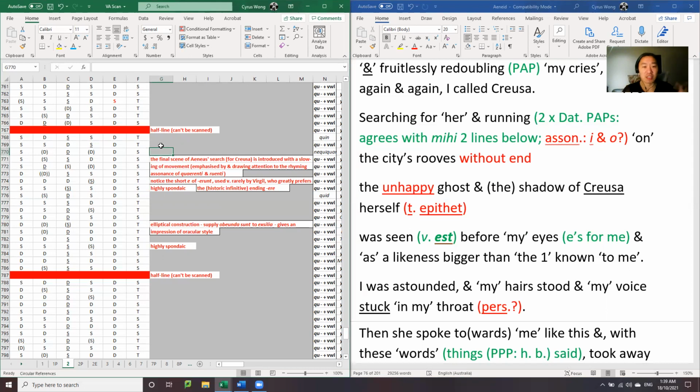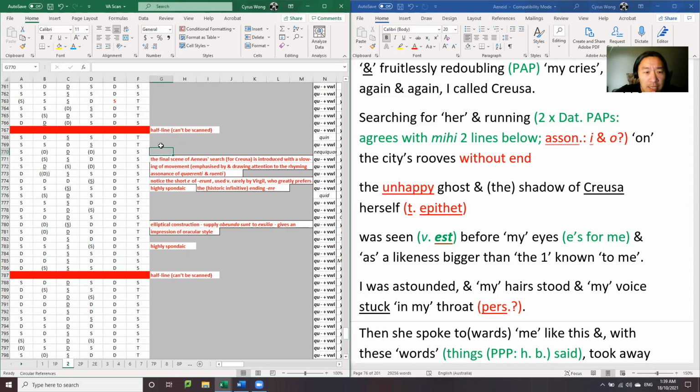Also, just the astonishment of seeing her. So emphasized by just a few things, drawing attention to Aeneas's state here. The scansion can also draw attention to the techniques, and together they work together.